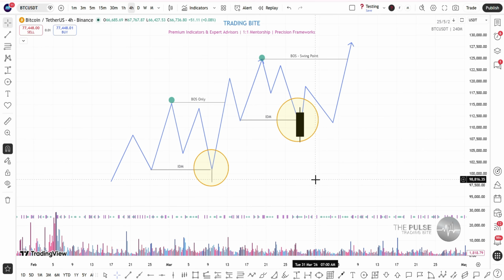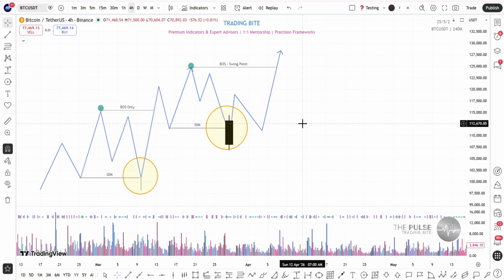Now next we are going to see what is a change of character. Okay, so now this is our new high point. Let's just draw another swing right here.